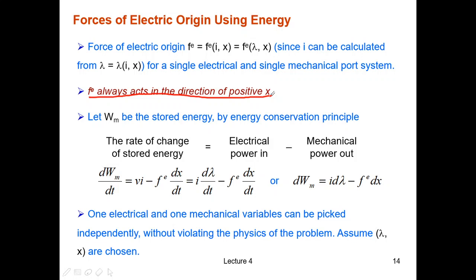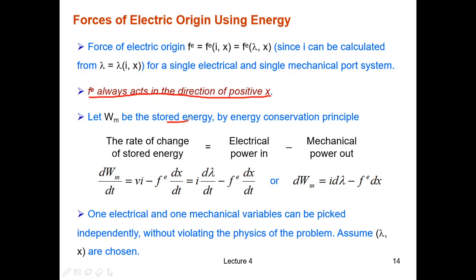Please remember that. So now let's call Wm the stored energy, and by the energy conservation principle, when we put electrical energy in, we get some mechanical energy out, and the difference will be the change of the stored energy.